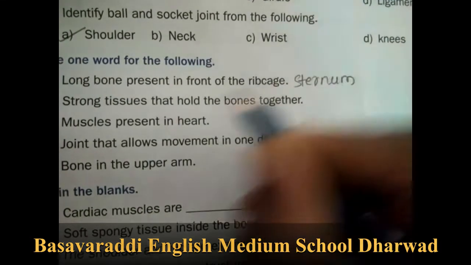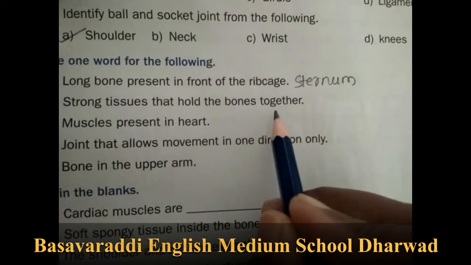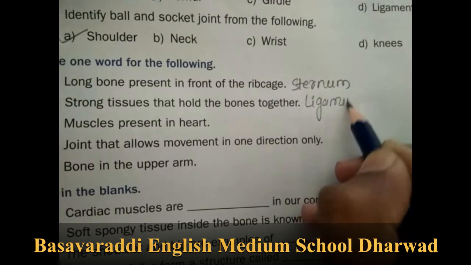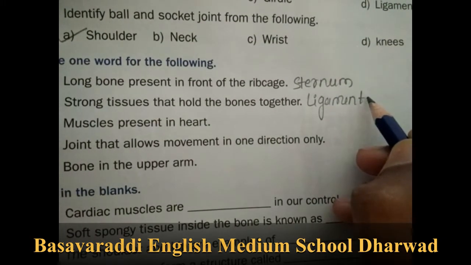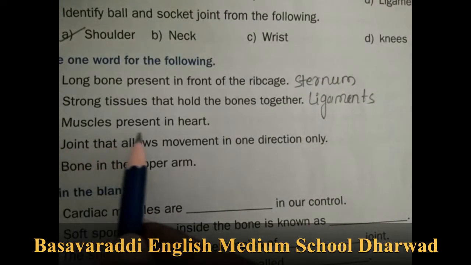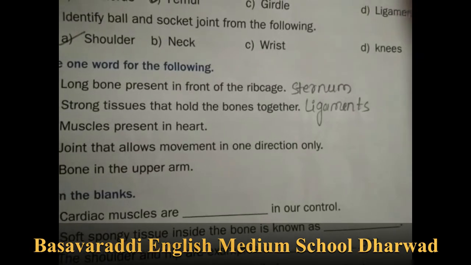Sternum. Second one, strong tissues that hold the bones together. That is ligament. Third one, muscles present in heart.